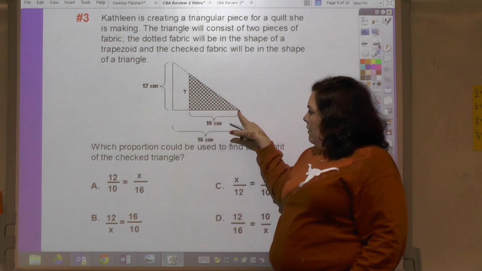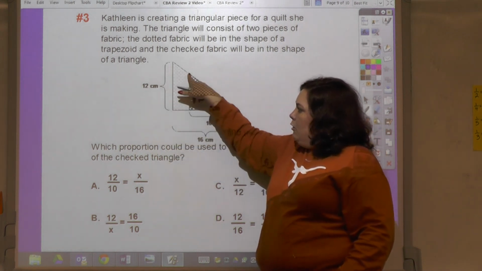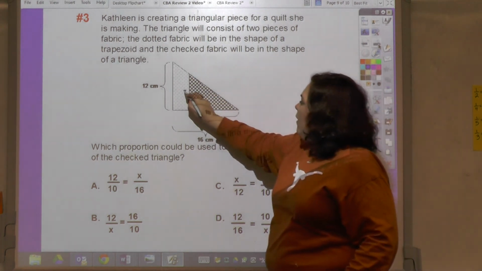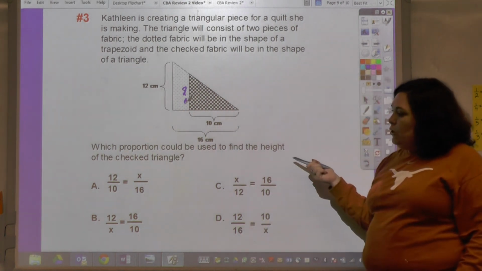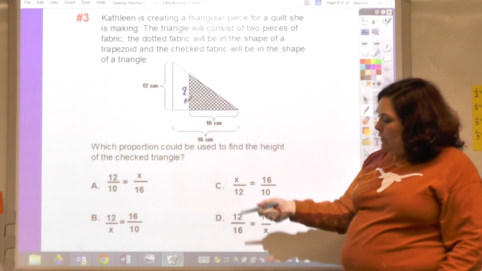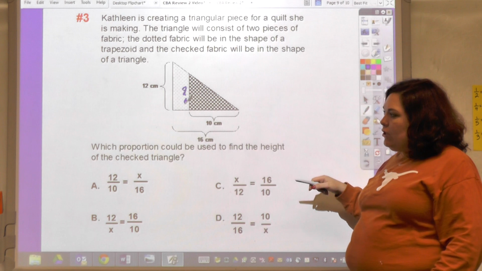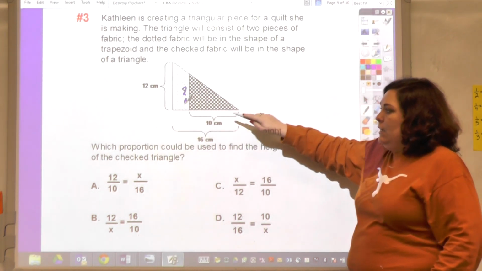You know this length, and you know this length, and you know this height. You want to find this height. There's a little question mark in there. I'll rewrite it so that you know exactly what you're looking for. Which proportion can be used to find the height of the checked triangle? So you need to go through these and rule out and find out which one makes sense and works for finding this height.